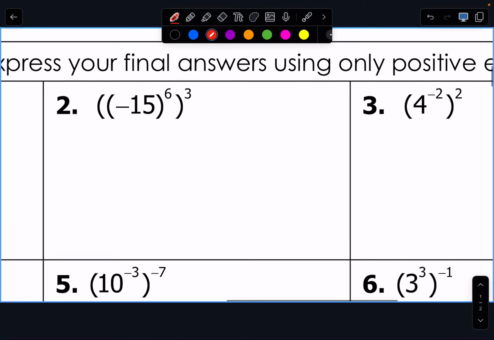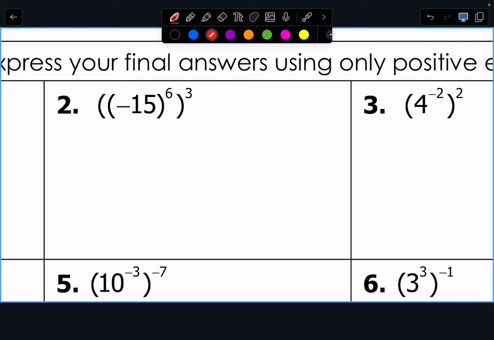What about number 2? How about you write down what the new exponent is for negative 15?